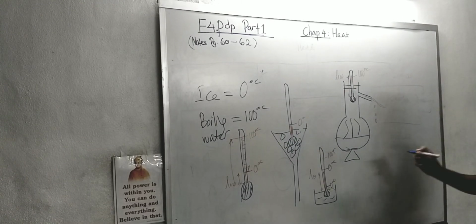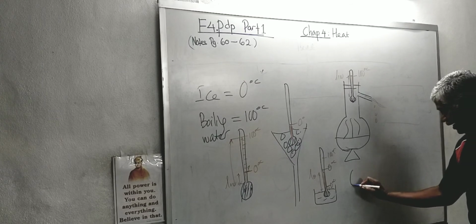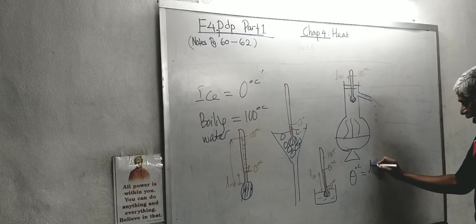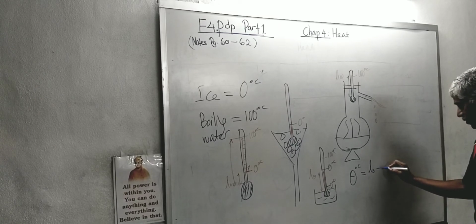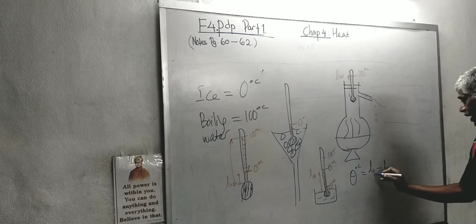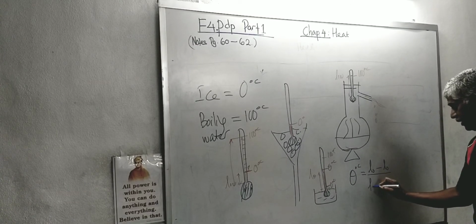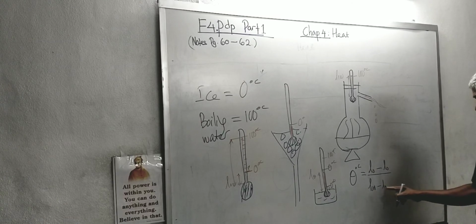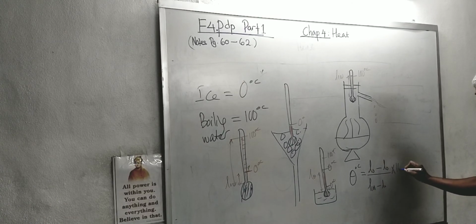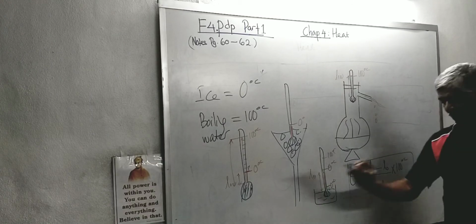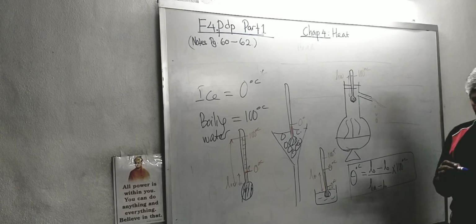What we do here, theta degrees Celsius is given by: you take the length L theta, you take the difference from the 0 degree Celsius length, and then you divide by the difference from 0 to 100. This is the difference of 0 to 100. Then you multiply by 100 degrees Celsius. So this is how the scale is made.